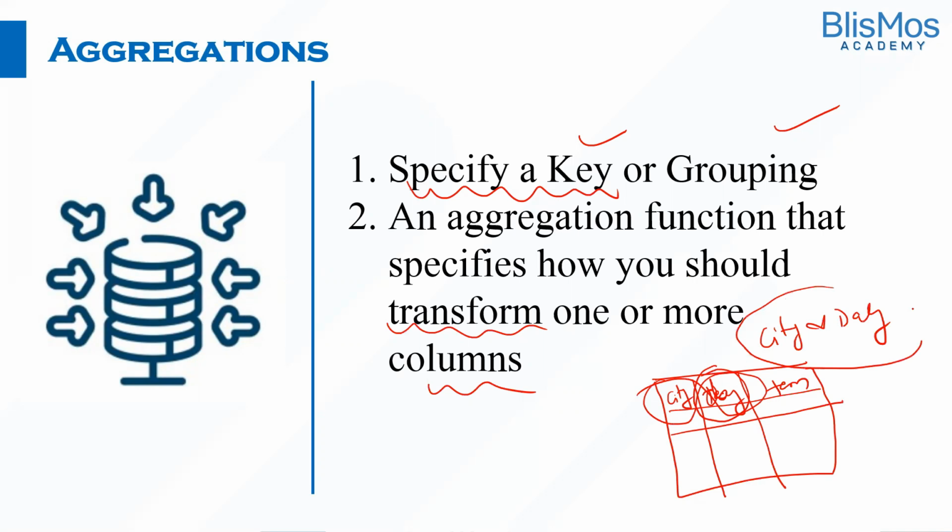If I want the average of all the temperatures in a day, the key would be city and day, and average is the function to aggregate. We will be transforming the temperature column to get the average.